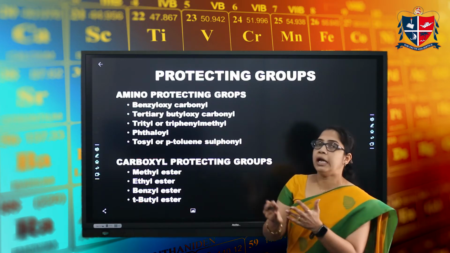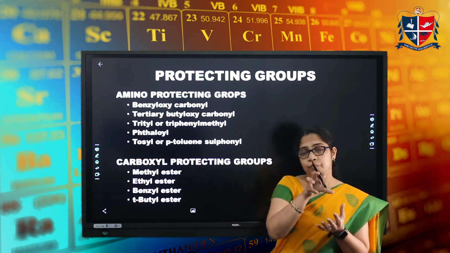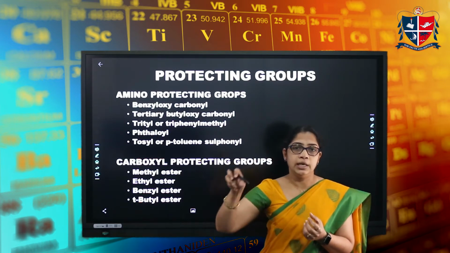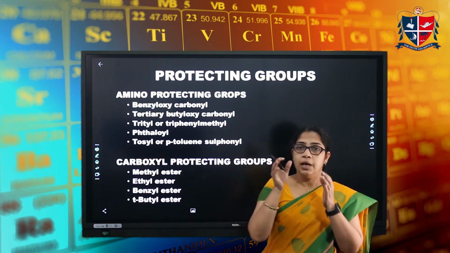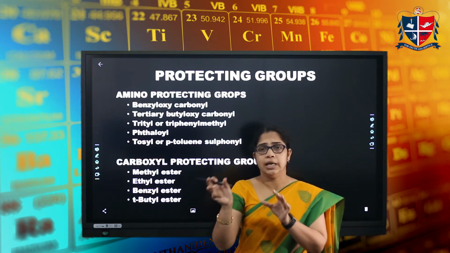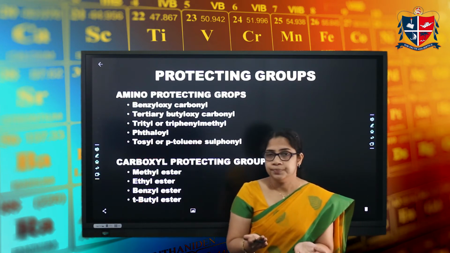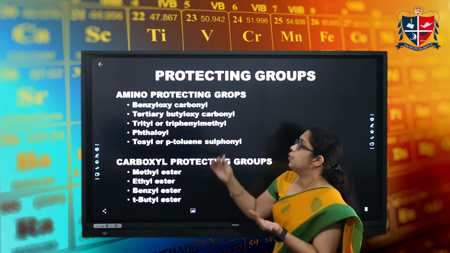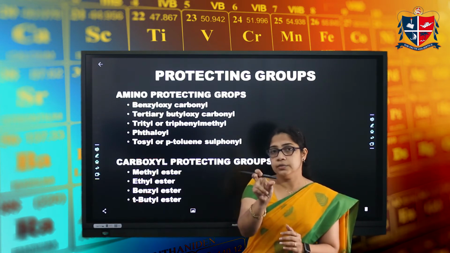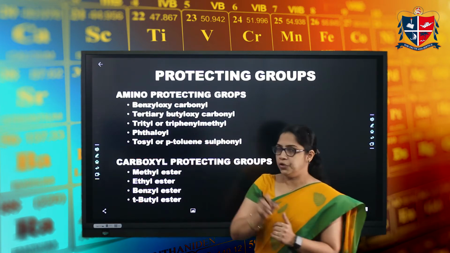And sometimes the method is also known by the protecting group we use for the protection of the amino acid. For example, the butyloxycarbonyl method, or tertiary butyloxycarbonyl method, which means that in that method the NH2 group is protected with that corresponding reagent.